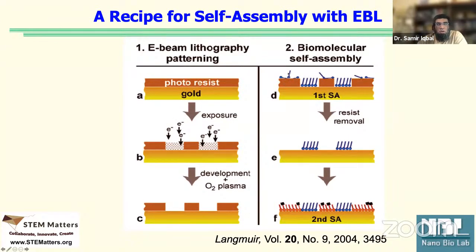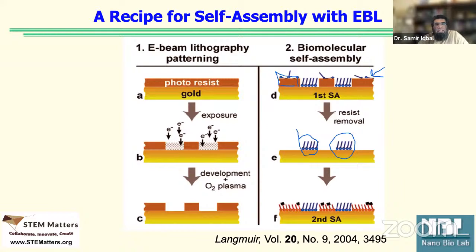This portion is going to go away, which means the molecules that land here are going to get washed away. So when I remove my resist completely, I get a pattern made with molecules. So we can write ultimately a whole chip with molecules that we want.